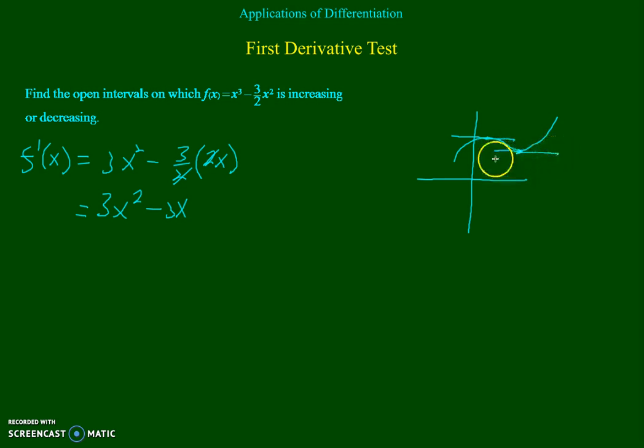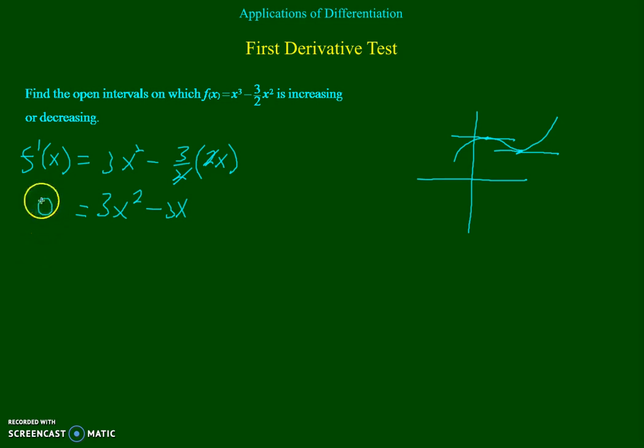So it makes sense that we're going to be looking for our critical numbers, because to the left of this critical number, the slope of the tangent line is positive, therefore the function is increasing. To the right, it's negative, therefore the function is decreasing. Likewise, to the left of this point, the function is decreasing, and to the right, the function is increasing. So what we really want to find is our critical numbers.